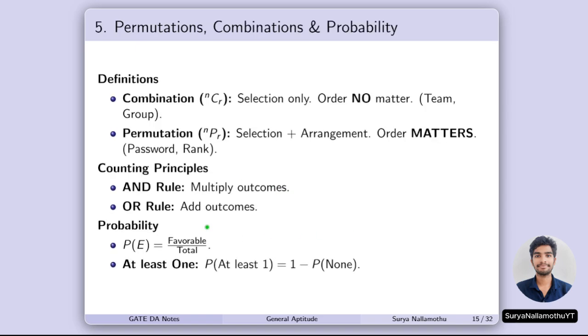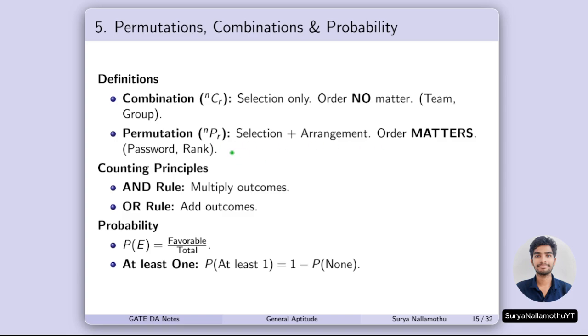Next, permutations, combinations, and probability. In previous classes we observed these things. We see that combinations, nCr, is selection only; in this one, order does not matter. For permutations, the formula is nPr.